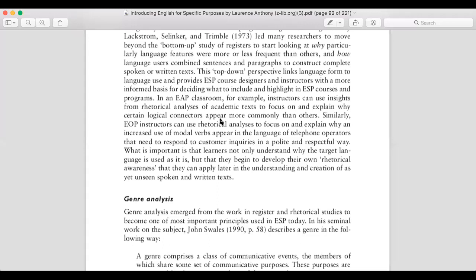Of these 4, we have already covered needs analysis in a chapter, okay? That's the first step. Basically, these pillars are the steps. What do you need to do in order to design a specific syllabus for a specific group of people, okay? English for specific purposes.